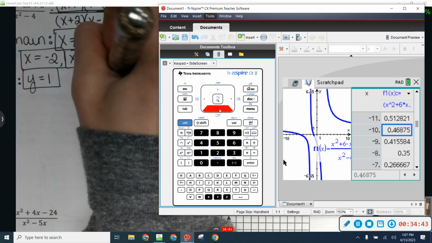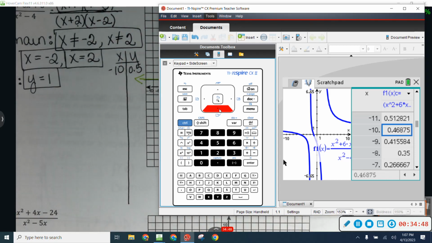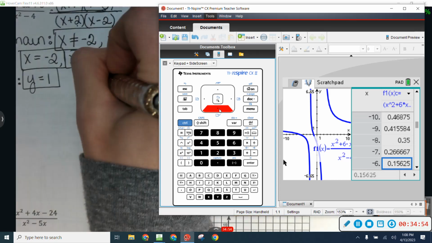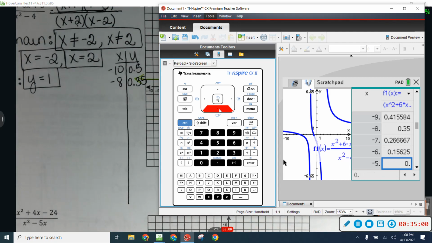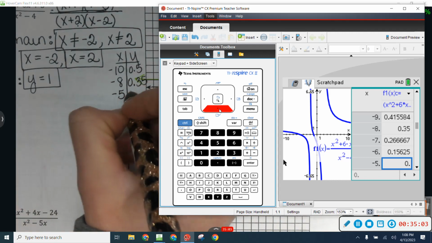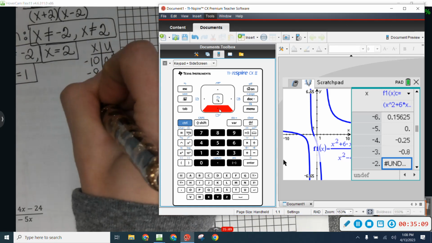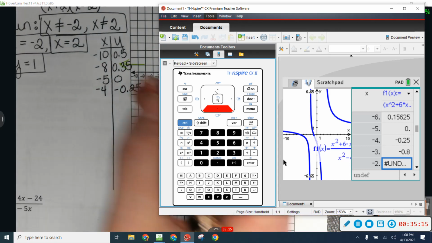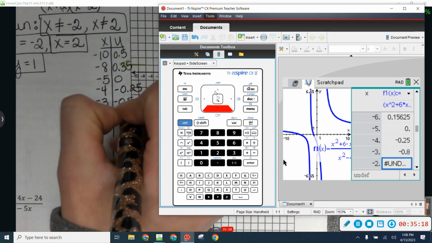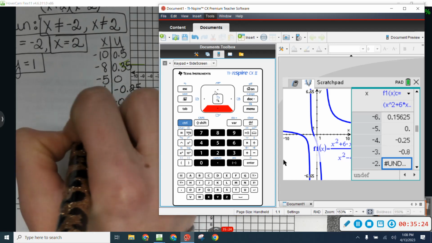So when I go and graph it and go to my table, negative 10 can round to 0.5. I can do negative 8, 0.35. Negative 5, 0. Negative 4, negative 0.25. Negative 3, negative 0.8. Negative 2 is undefined, as it should be.